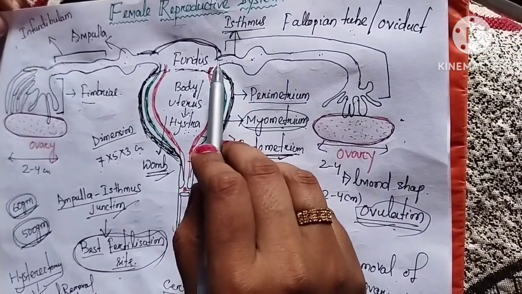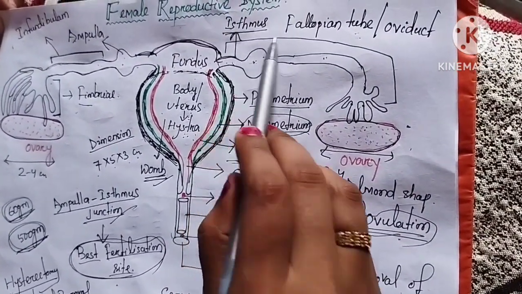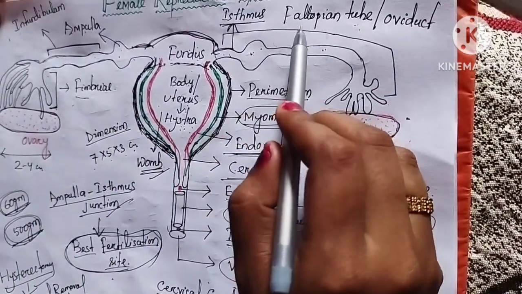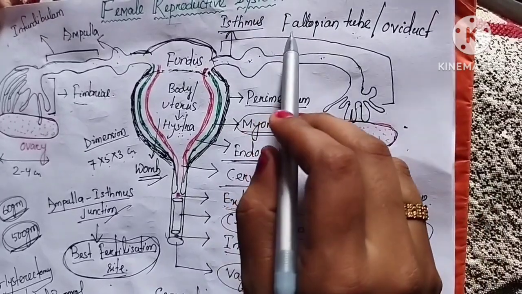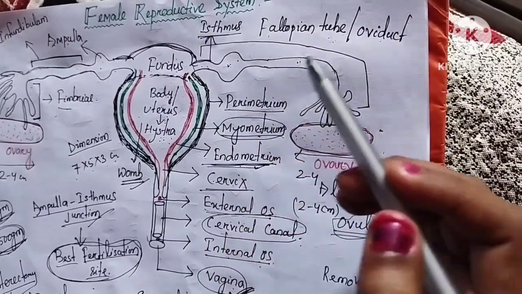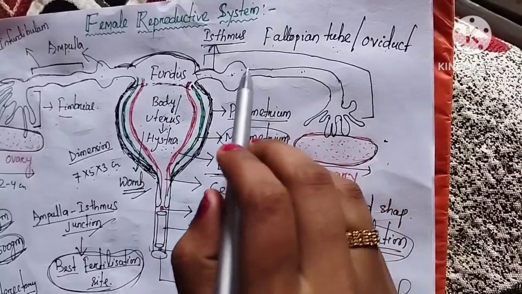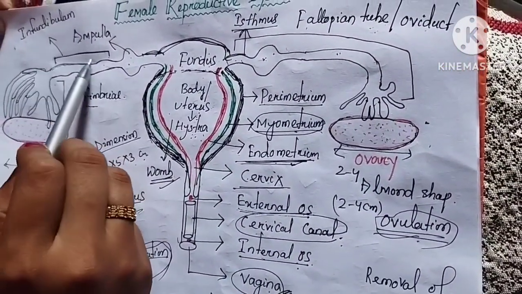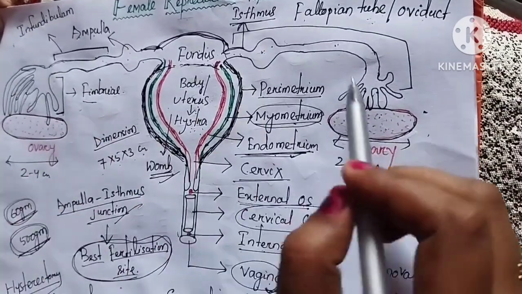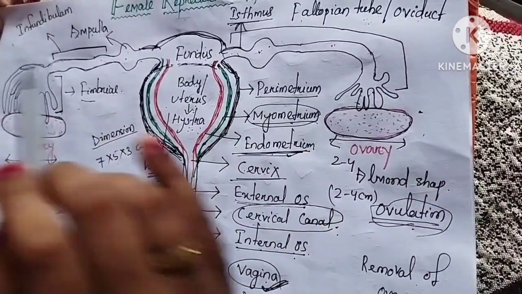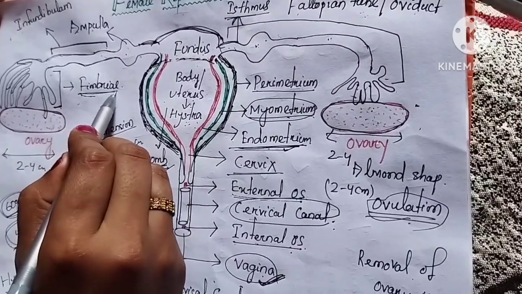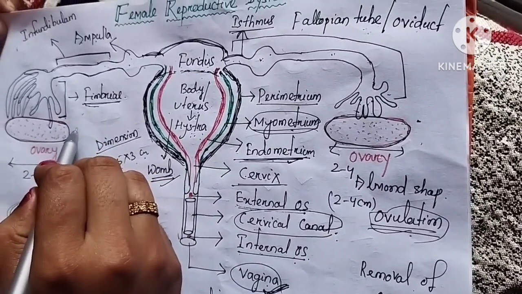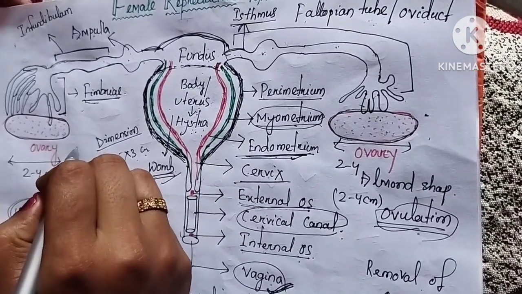The fallopian tube, or oviduct, consists of four parts. The funnel-shaped structure is called the infundibulum, and the finger-like projections on both sides are called fimbriae, which help in collection of the ovum after ovulation.